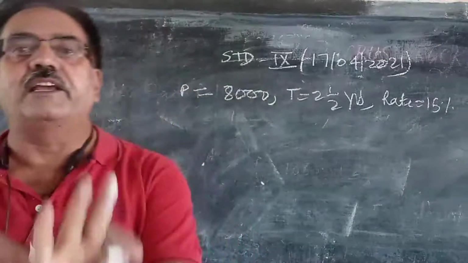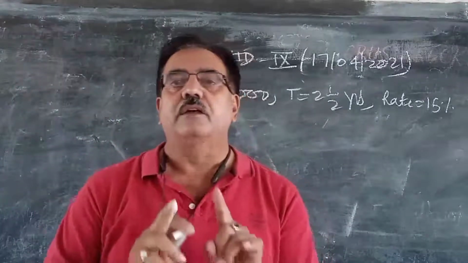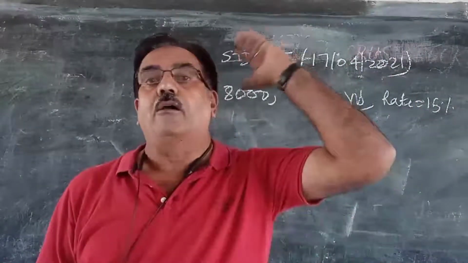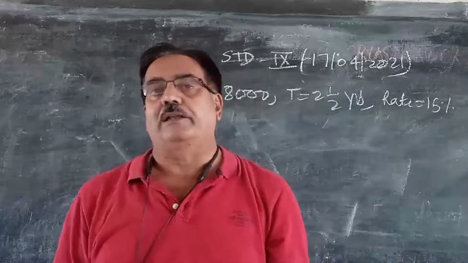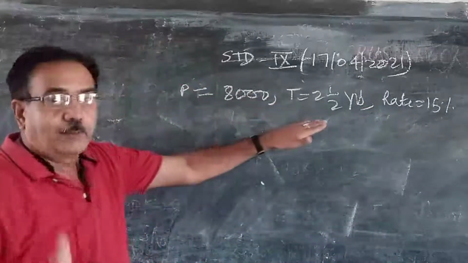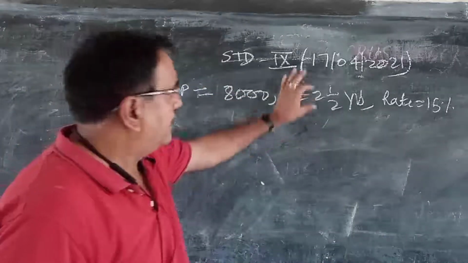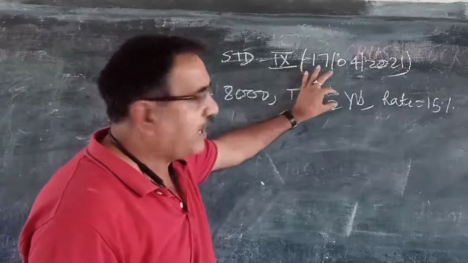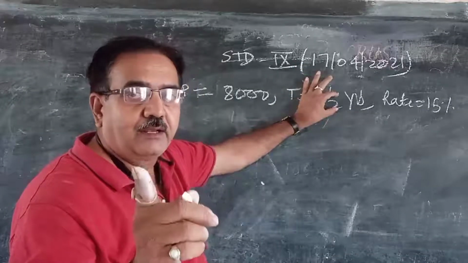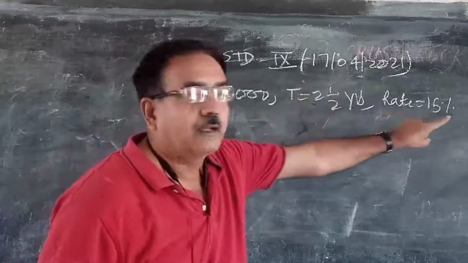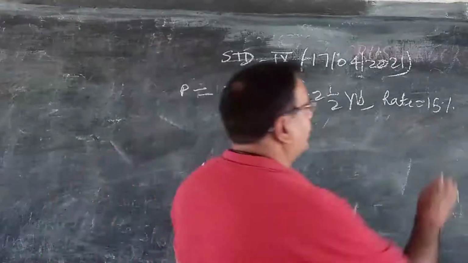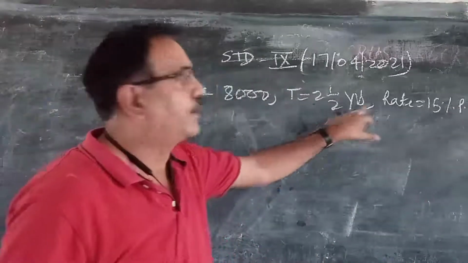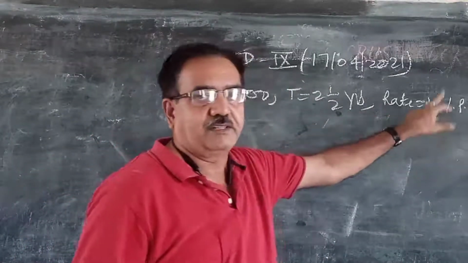So here nothing is mentioned in this question, compounded annually or semi-annually or half yearly. Then we will apply common sense here. 2 years is a complete period, and for the next half year we will take the rate half. This is given 15% per annum, so for the next half we will take the rate half of 15%.